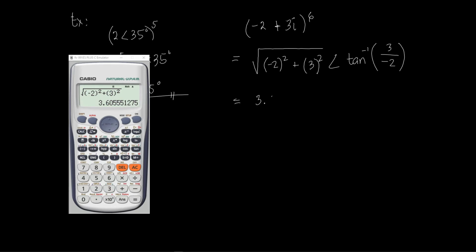So that is 3.606 angle, arctan of 3 over negative 2, that is negative 56.309. Okay, negative 56.31 na lang. So that is the answer.